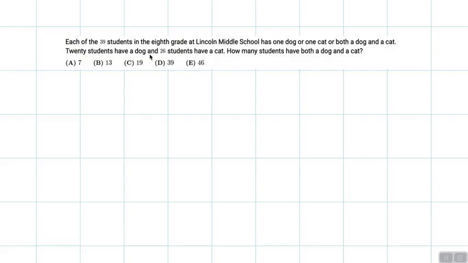Okay. So 20 students have a dog and 26 students have a cat. We'll call X the students with a dog and Y the students with a cat. Z will be in the middle. So X plus Z equals 26.